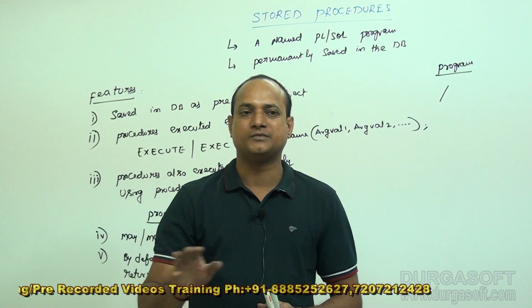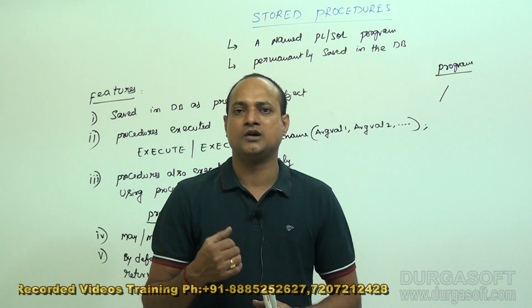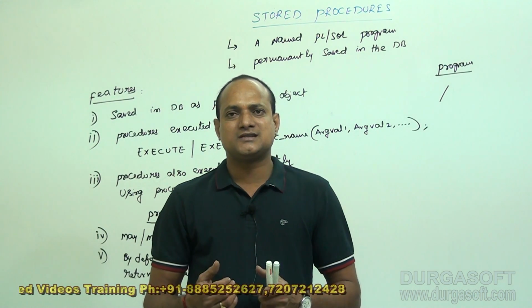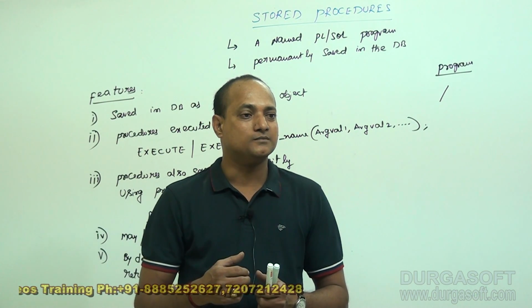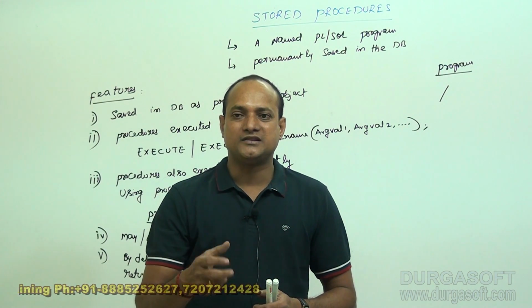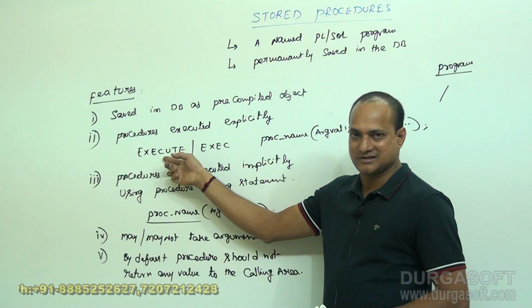Otherwise, it will not be created. You need to remove all compilation errors. Procedures are by default explicitly executed, meaning we need to write the execute command to execute the procedure.